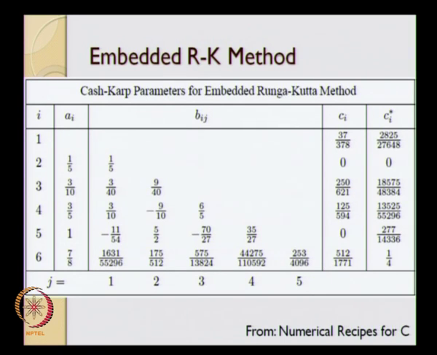So what we see over here is that the first 4 points will actually be used by the 4th order RK method, whereas all the 6 points are essentially what will be used by the 6th order RK method.